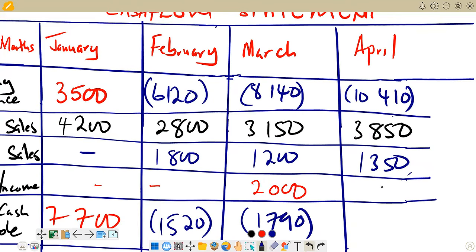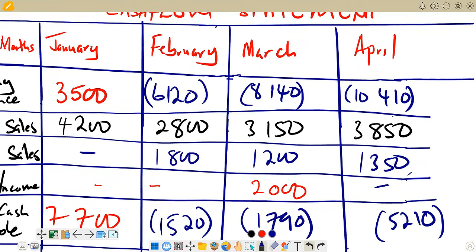So we got negative 5,210 there. So we are putting it here, negative 5,210, although we are not supposed to show that sign. You can just show brackets there.